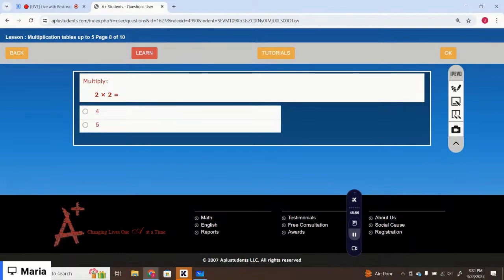2 times 2 means 4. Option number 1 is the correct option. That is 4. 3 times 3 is 9.